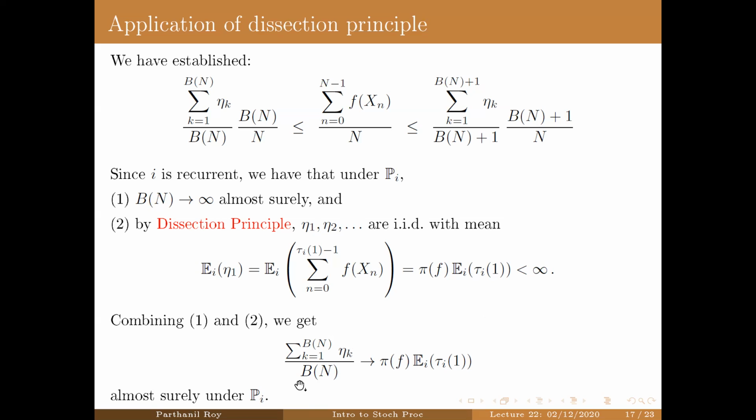Instead of n, we have Bn, which is a random quantity, but that doesn't matter because the random quantity is also diverging to infinity almost surely. So this thing is going to converge to this quantity by the strong law of large numbers under pi. I would say this is the key step of the proof, once you approximate this using the block sums and bound it from both sides.